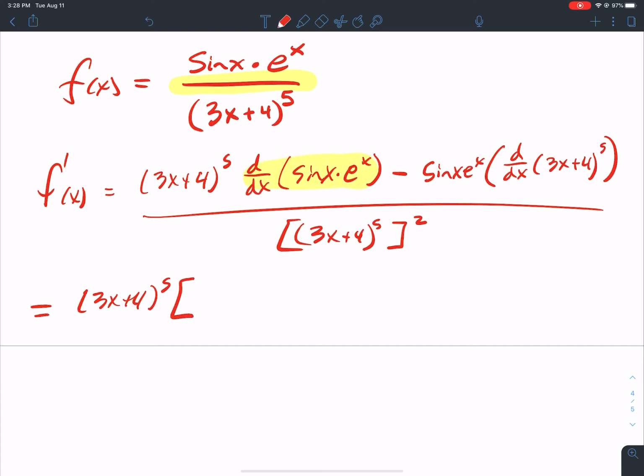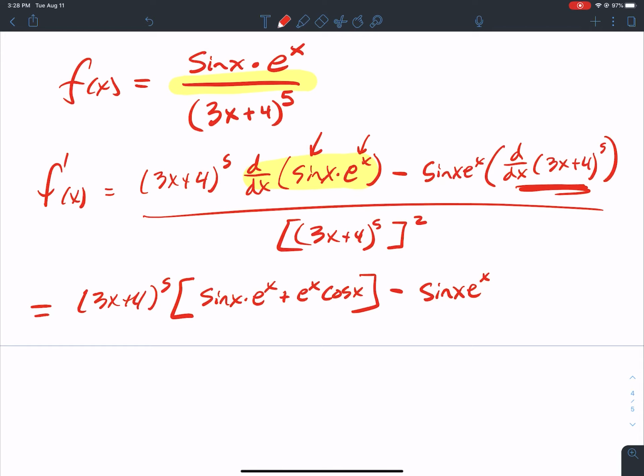Now I've got 3x plus 4 to the 5th times the derivative here. The derivative here is a product rule: the first times the derivative of the second, which is just e to the x, plus the second, e to the x, times the derivative of the first, which is cosine x. And then minus sine x e to the x. And for my derivative here, I have to use a chain rule.